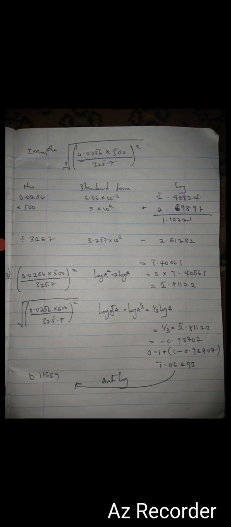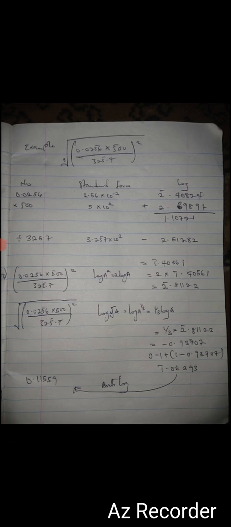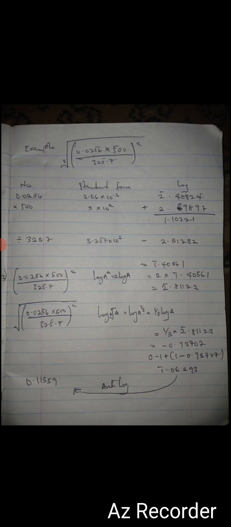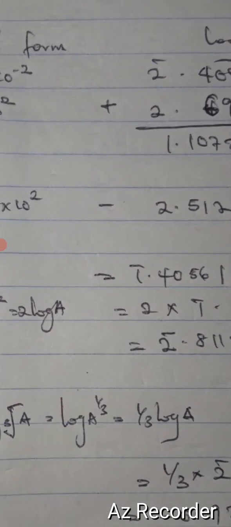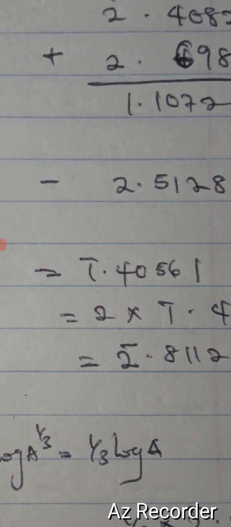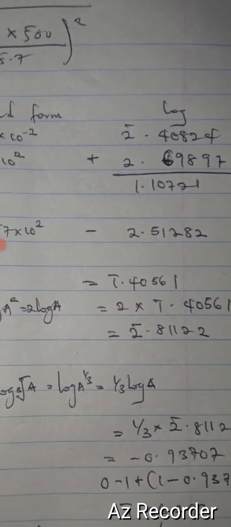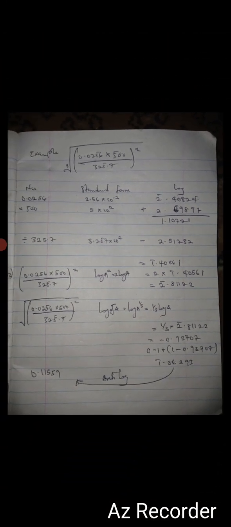You can see very well here, this is 5, not 8. Now that's the result. This is the result of 0.0256 times 500 over 325.7.